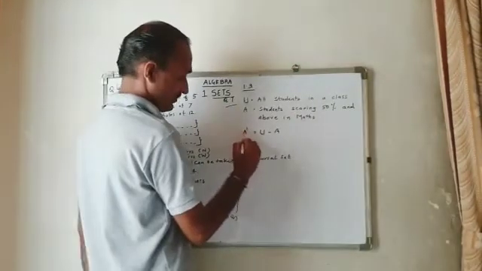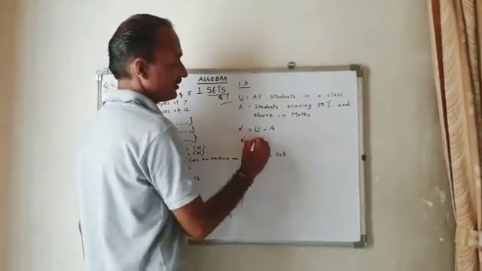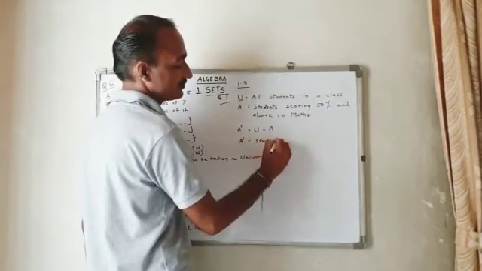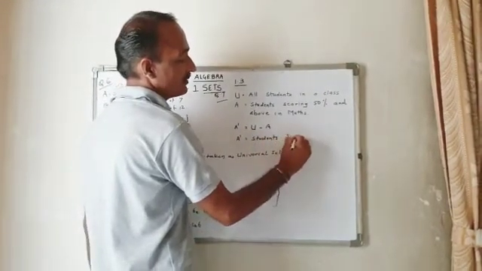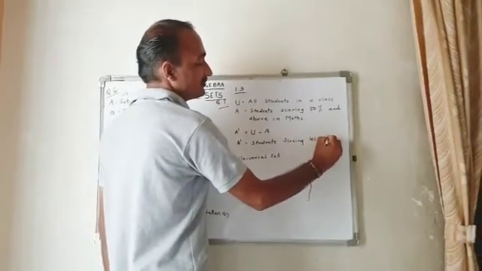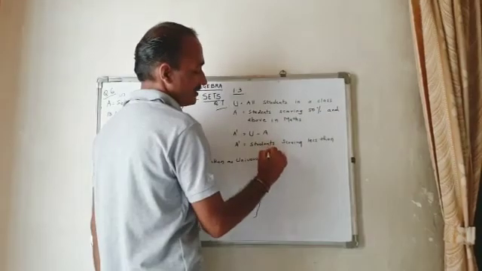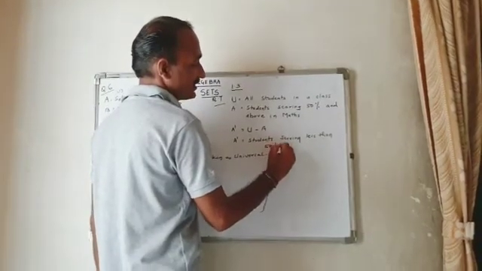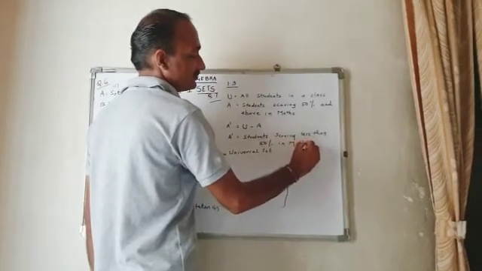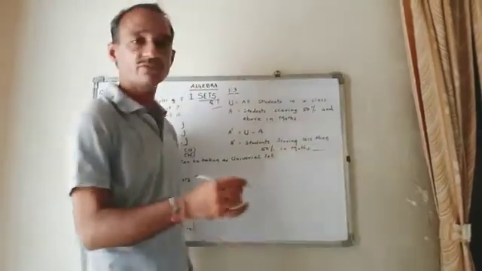So A complement is the set of students scoring less than 50% in maths.